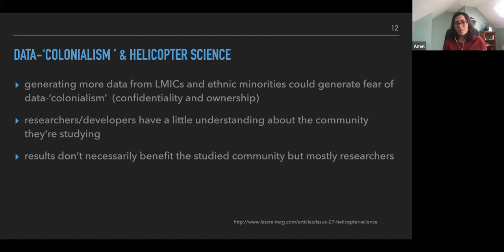And unfortunately, in many cases, the results generated do not necessarily help the community, but they mostly help researchers in terms of publications and generating results, but don't necessarily benefit the studied community, because sometimes there's very little understanding about the community they're studying.